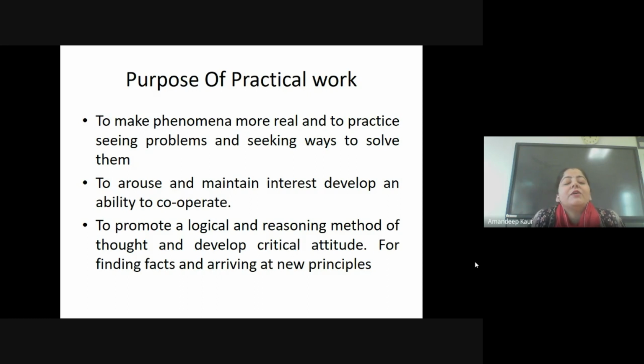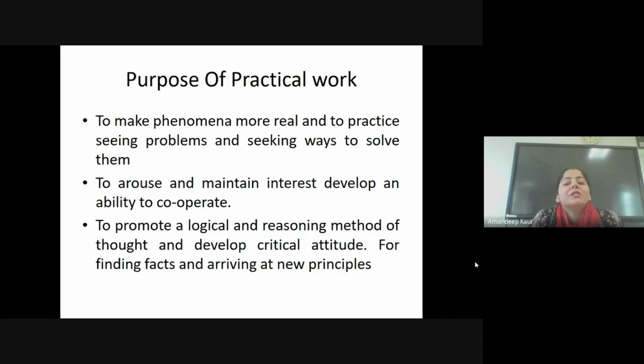So these kinds of activities not only help us in the development of cognitive ability among students, but at the same time, they also help us to develop the cooperation or the ability to manage the resources or manage things on their own within the group.